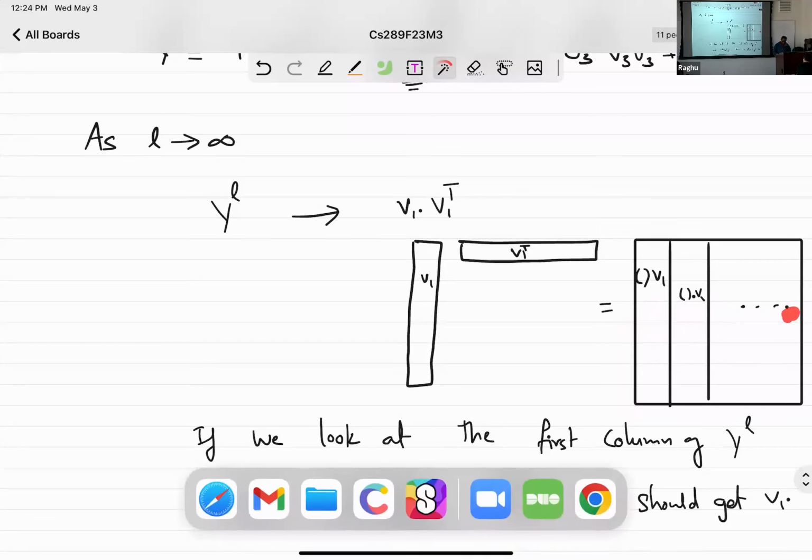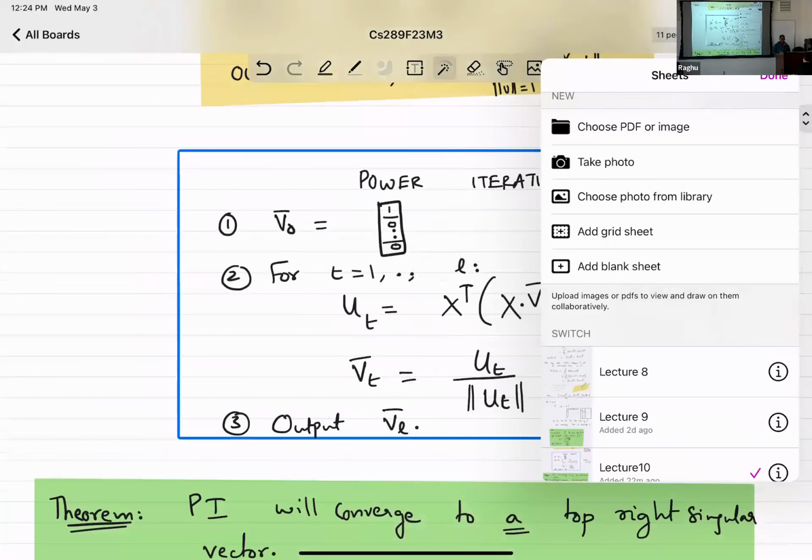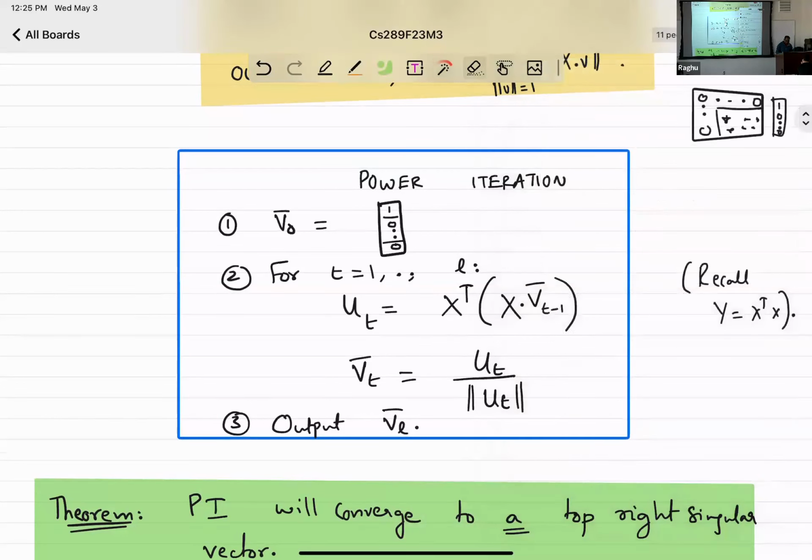This is something you even do in various optimization settings: don't initialize from a fixed point, because then you might be in a very unlucky scenario. So instead, let's just say you initialize with a random unit vector.